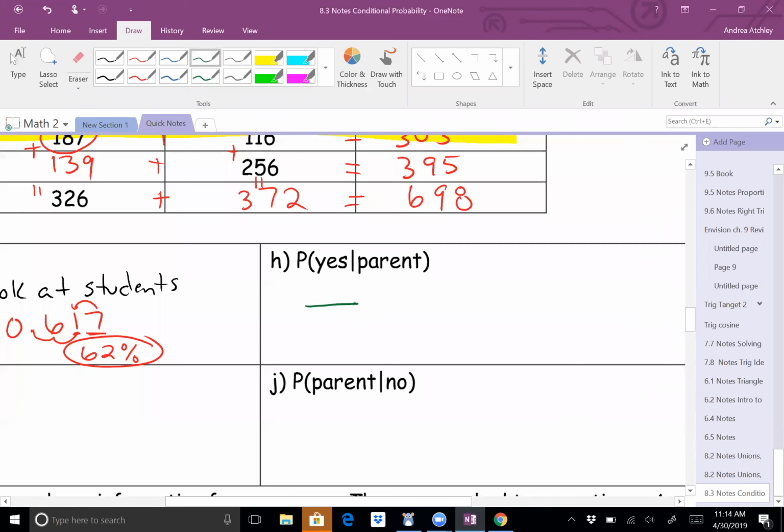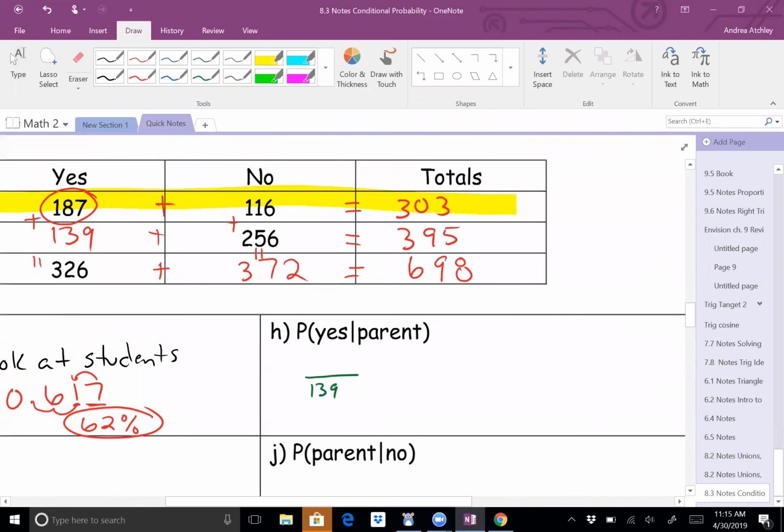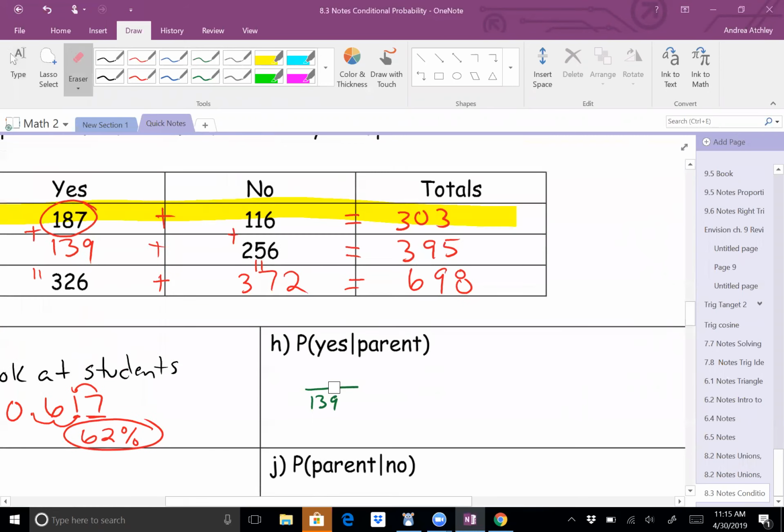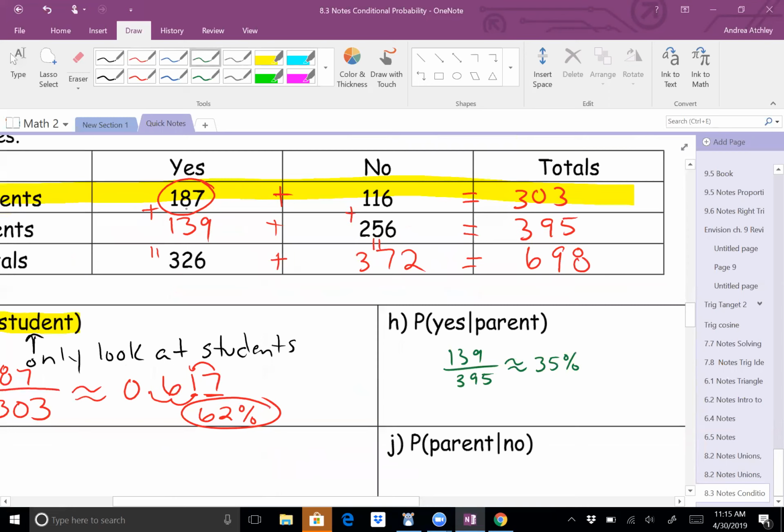Brianna's going to do it. 139 over, what was on top? Oh, sorry, 139 was on top. 139 over 395. And what percent did you get? 35%. Very good, because I'm only looking at the parents, so the total number of parents is 395. And of those parents who said yes, 139 of them said yes.